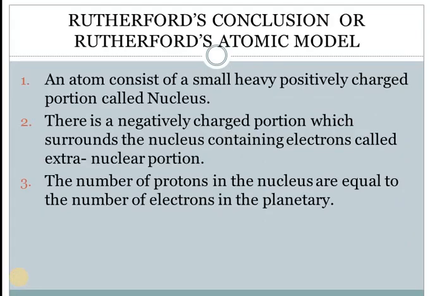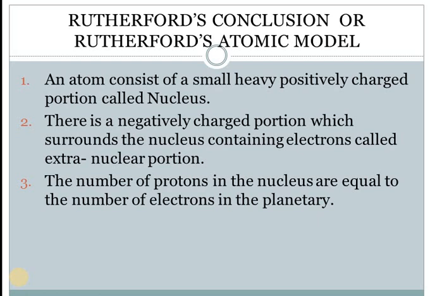The points given by Rutherford are: first, an atom consists of a small, heavy, positively charged portion which is known as the nucleus. That is, an atom consists of two parts: one is the nucleus and the other is the extra nuclear part, outside the nucleus.